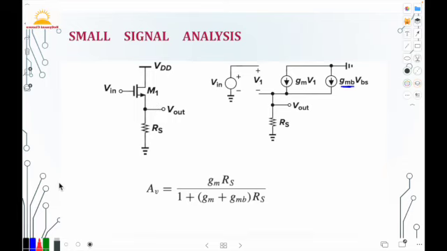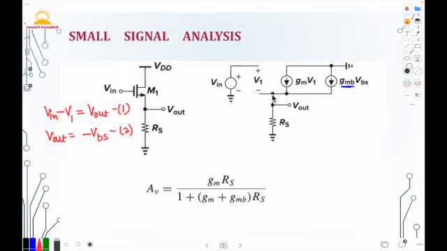We can write Vin minus V1 is equal to Vout. So this is our equation 1. Also, this Vout is minus of VBS, the substrate bias effect voltage. This is our equation 2.